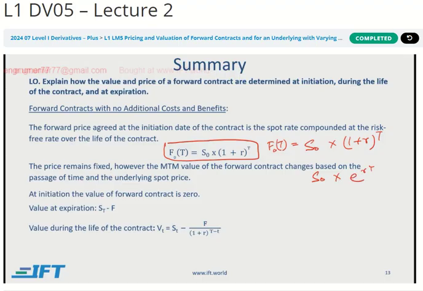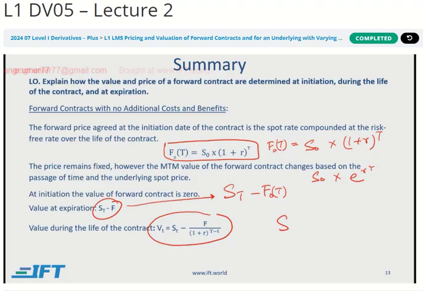Right? Now the new concept over here was valuation, where we said whatever the spot price is at expiration and whatever the future price that you locked in, the difference between that is the value of the contract at expiration.